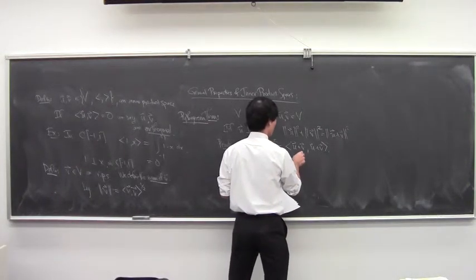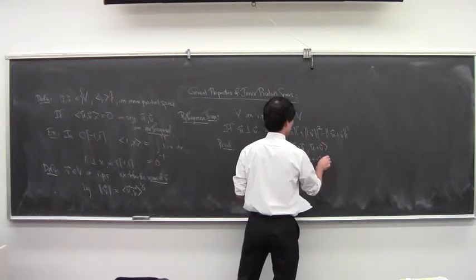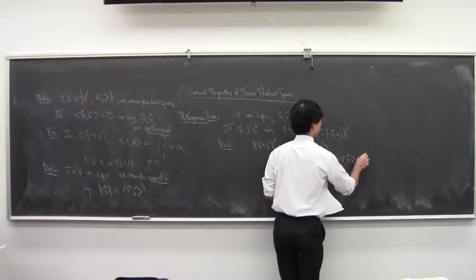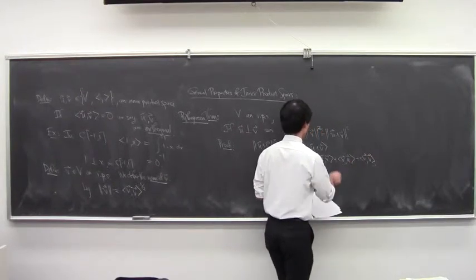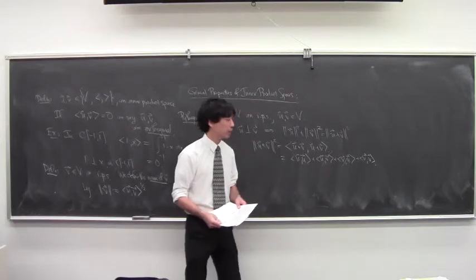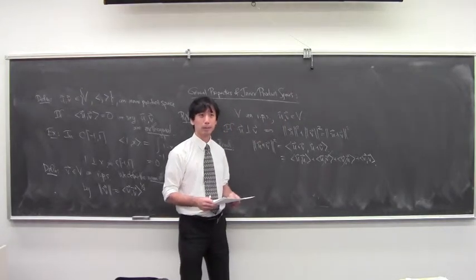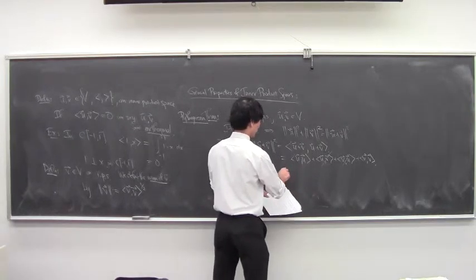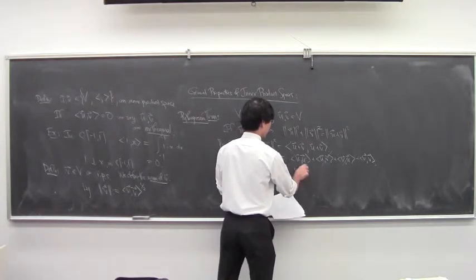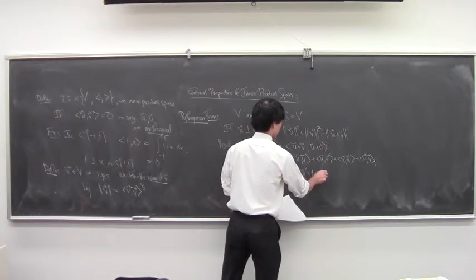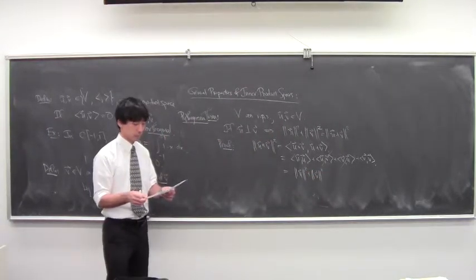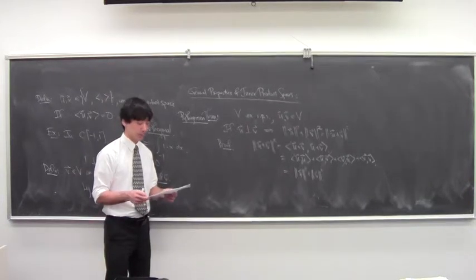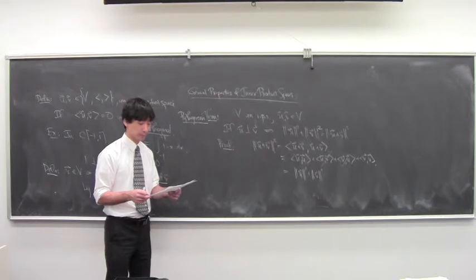This is going to be uu plus uv plus vu plus vv. Put the cross terms at 0 by orthogonality, and that's the end. So any inner product space has a Pythagorean theorem.